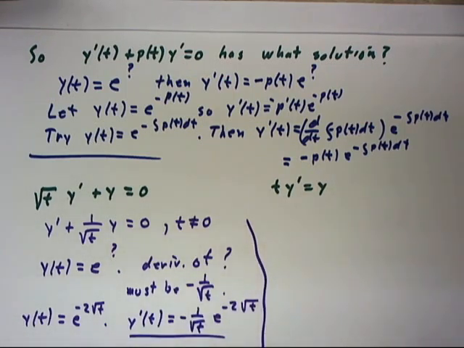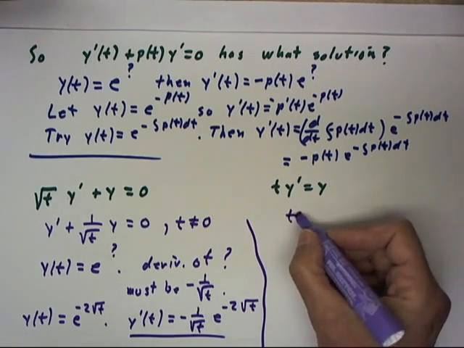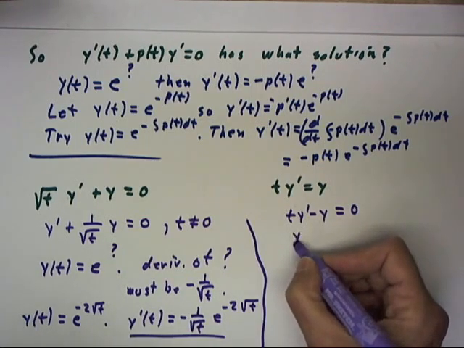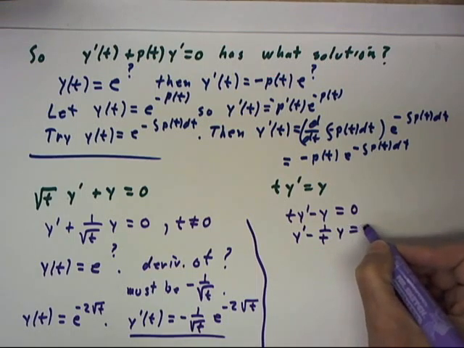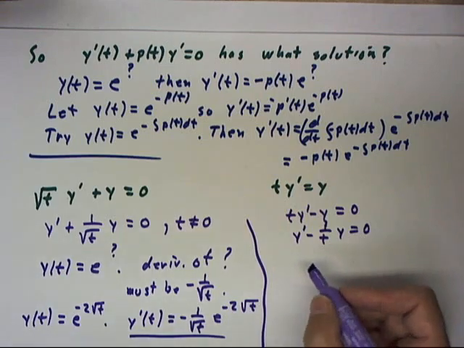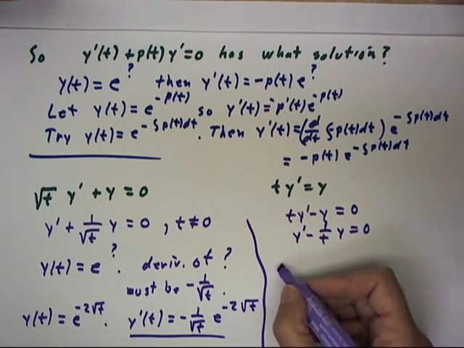Let's consider t y prime equals y. Now this can be put in the form t y prime minus y equals 0, which is the form y prime minus 1 over t times y equals 0. What do we put in the derivative, in the exponent of our exponential function here?